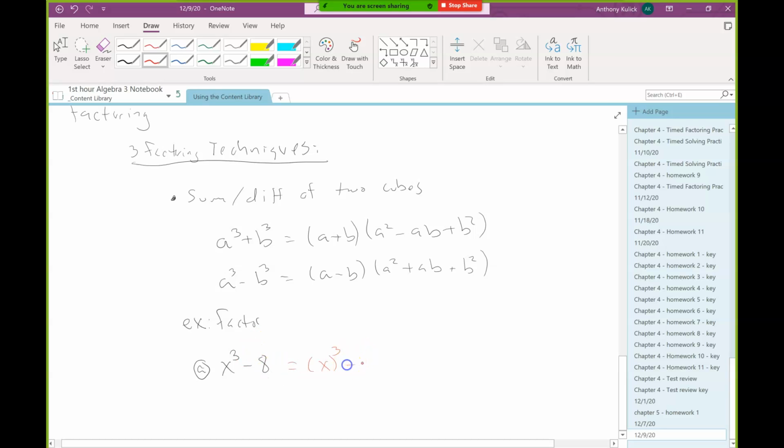And then 8 is the same thing as 2 times 2 times 2. So 8 is something cubed. So like in my formula above, my a is like my x, and my b is like my 2. So I have this situation, right? I have something cubed minus something cubed.